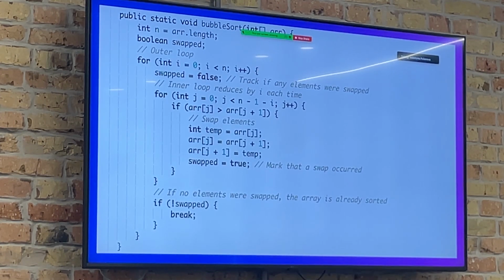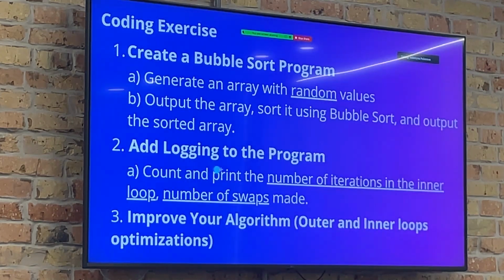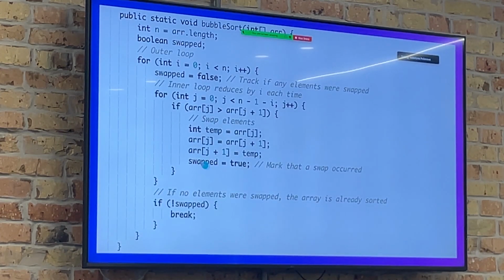We go to the inner loop and swap elements, but imagine that we don't swap anything. That means that they're already sorted and we don't need to go to the second iteration of the outer loop. That's why, if there is nothing to change, the flag will not become true. And if it is not true, we break and go out of the bubble sort.